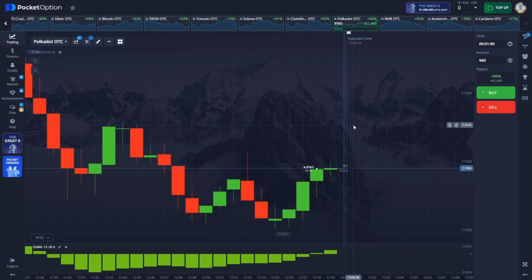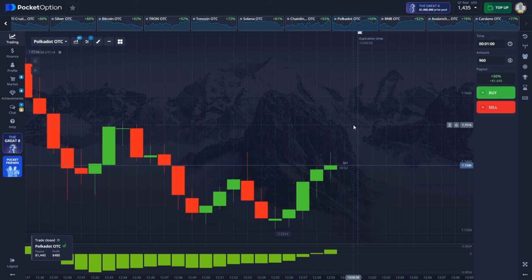You will see that the level is also forming above the 0 level, so that's why I took this trade for the upside move. The trade was also going in our favor. Only a few seconds left and I won another trade.